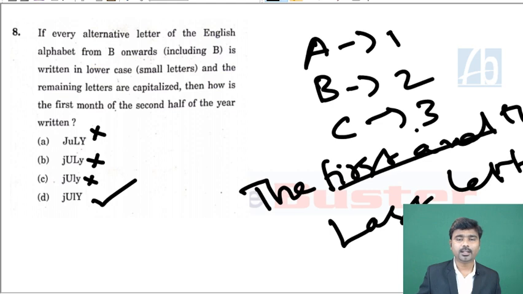These two are enough to eliminate the three answer choices. Using the first letter, you can eliminate the first answer choice. Using the last letter, we can eliminate the remaining B and C. So the answer should be option D. Have you understood? That's a very simple question.